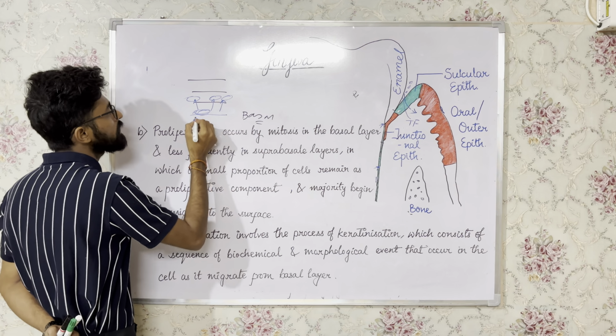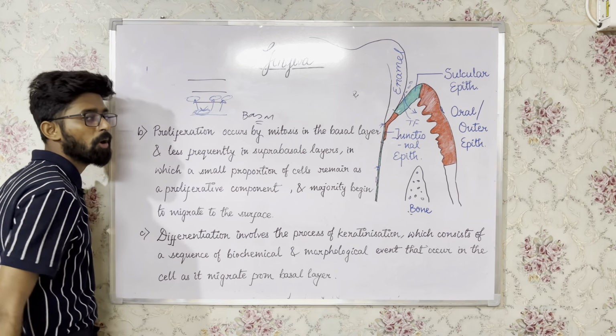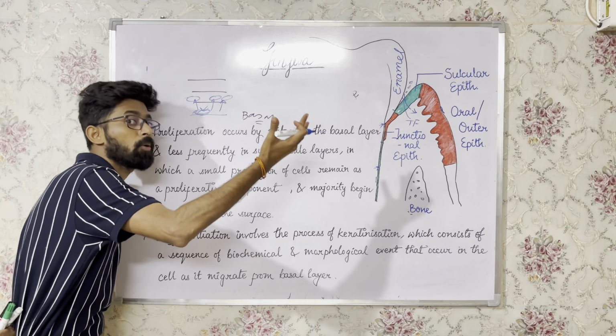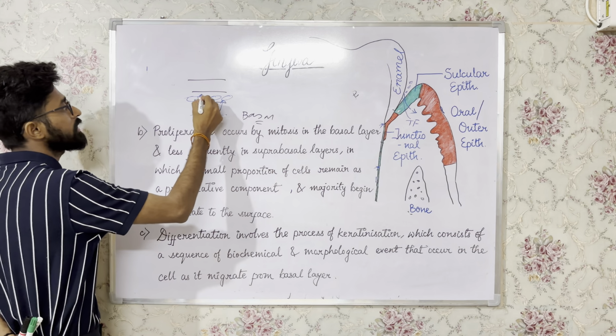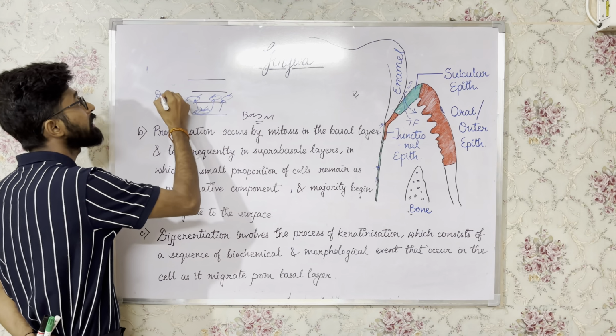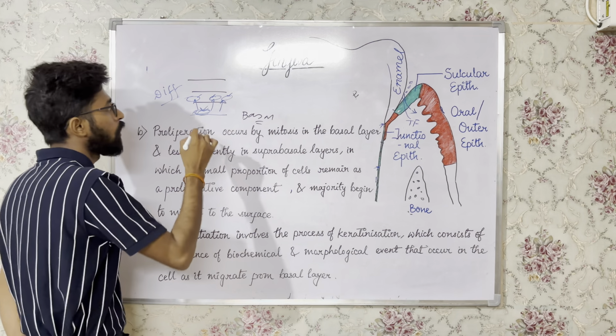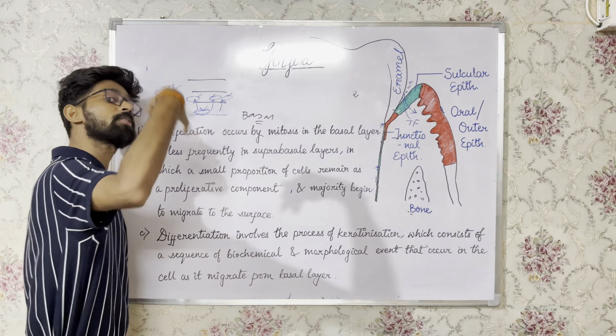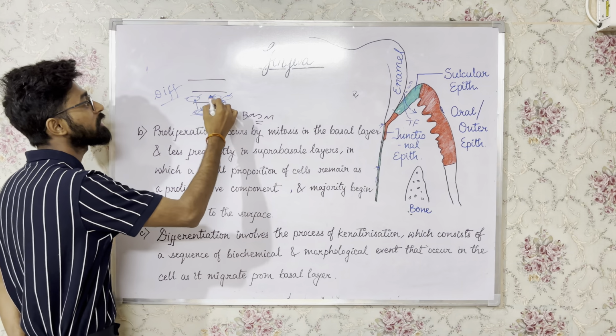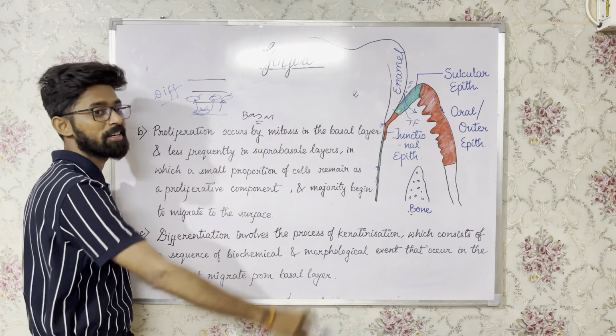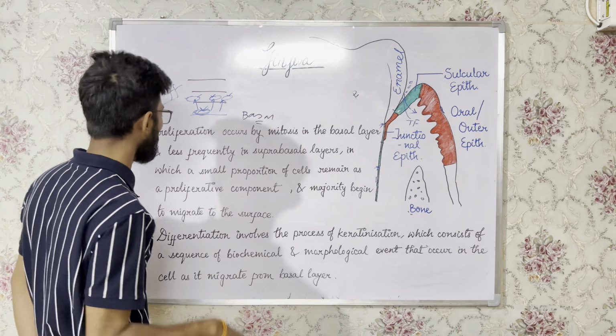But only 1 cell will remain as a proliferative component, means it will again undergo proliferation. And these 3 cells will move towards differentiation. It's like there are 4 children of a person. 1 child is kept at home to produce more children, while the other 3 children pursue IIT, IIM and MBBS. Okay, now it is understood.